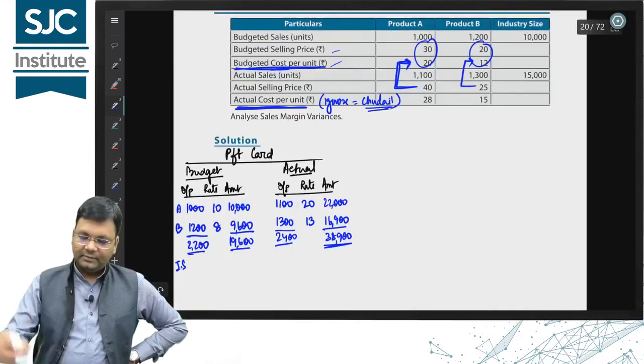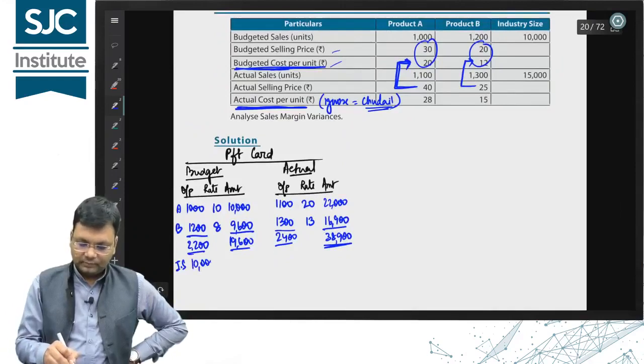Industry size is given, budgeted is 10,000. Actual is 15,000.